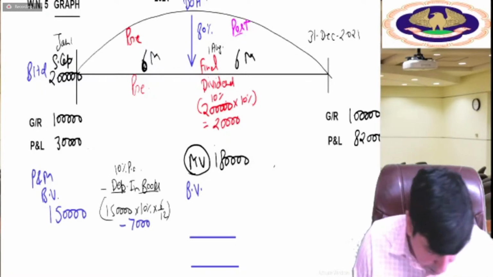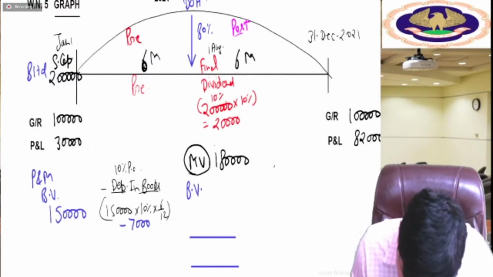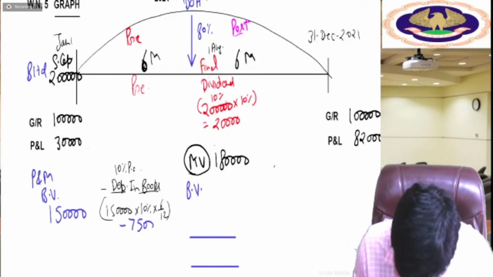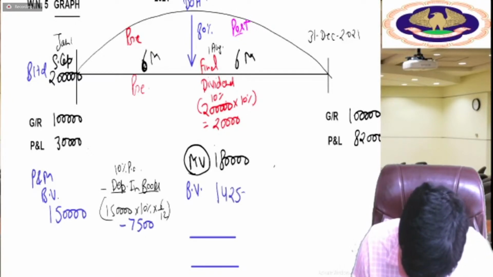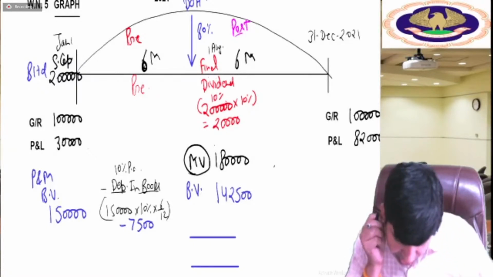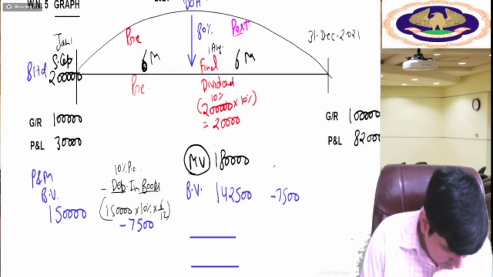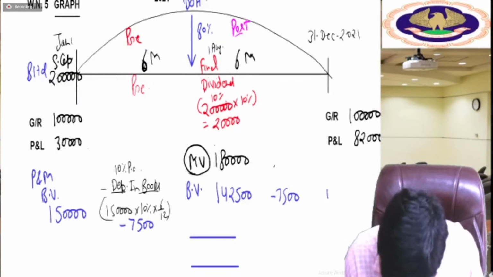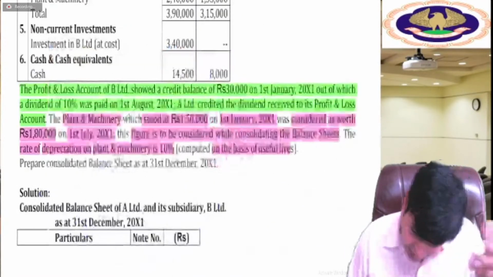It means the book value on that date was 1,42,500. Later on also 7,500 was charged and the book value was 1,35,000.